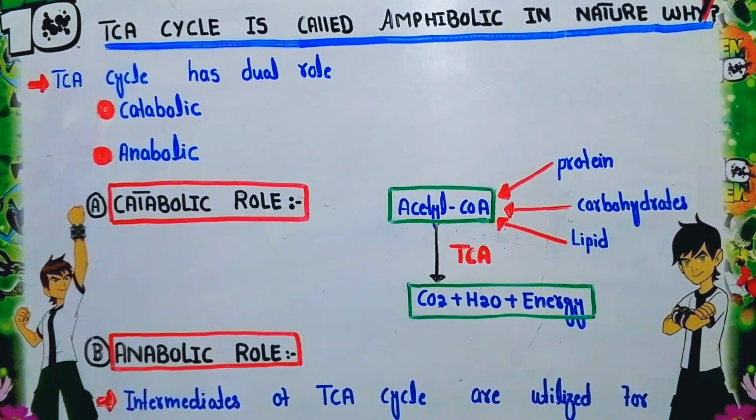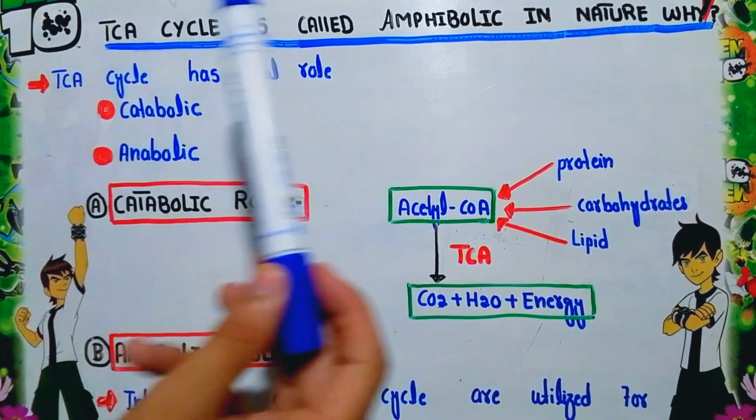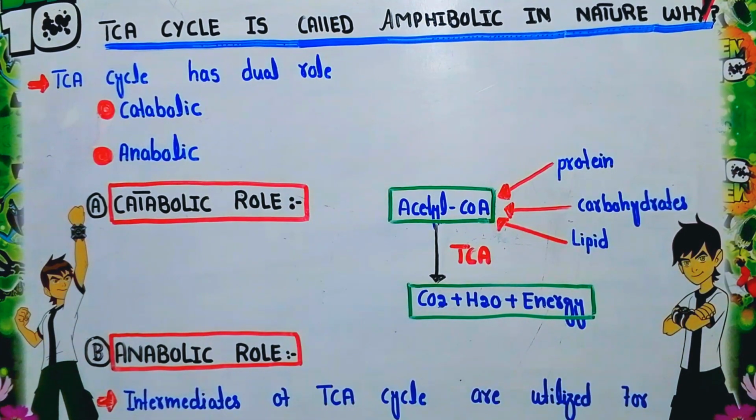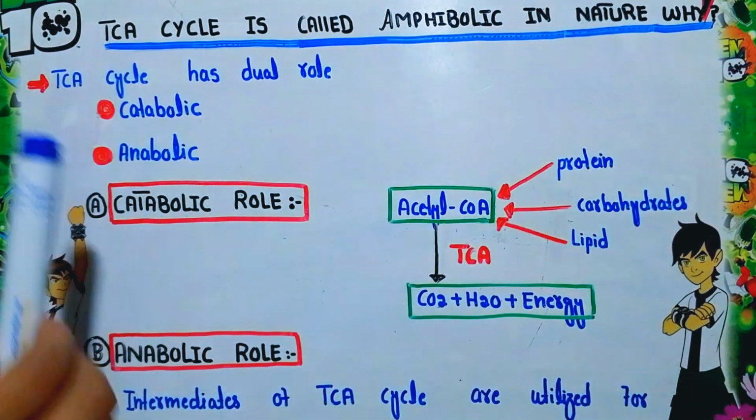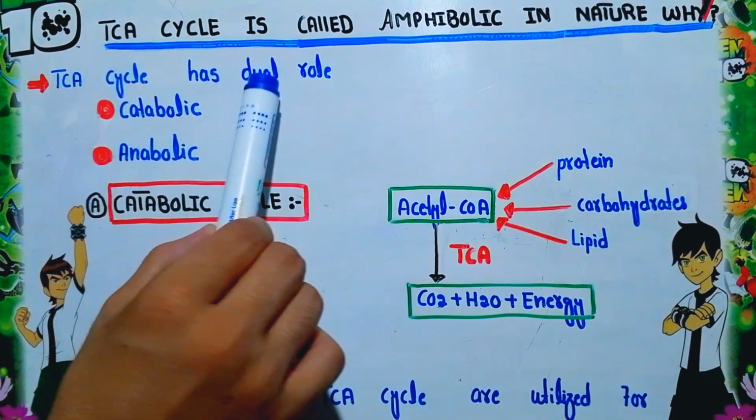Now after understanding the term amphibolic, we will see why the TCA cycle is called an amphibolic pathway. Here are the reasons. The TCA cycle is called amphibolic because it has a dual role.